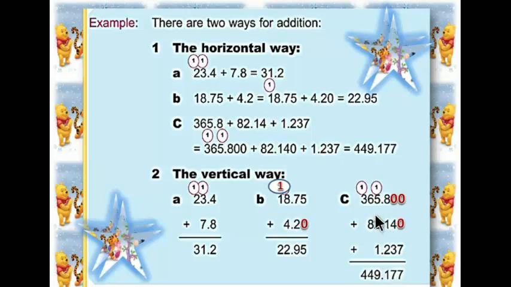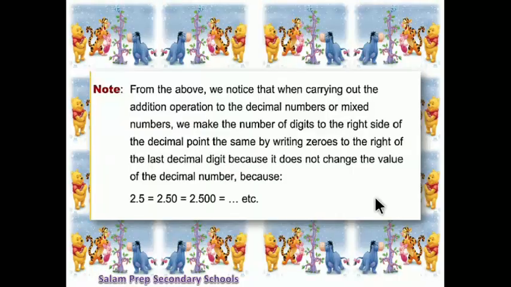Now we will add whole number. 1 plus 5 equals 6, plus 2 equals 8, plus 1 equals 9. 6 plus 8 equals 14. Write 4 and carry up 1. 1 plus 3 equals 4. There is no digit here. There is no digit here. We will write 4.